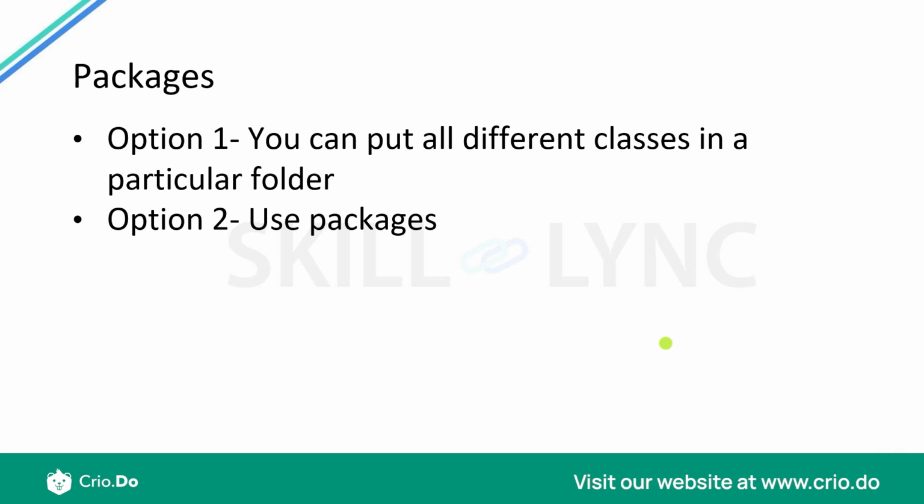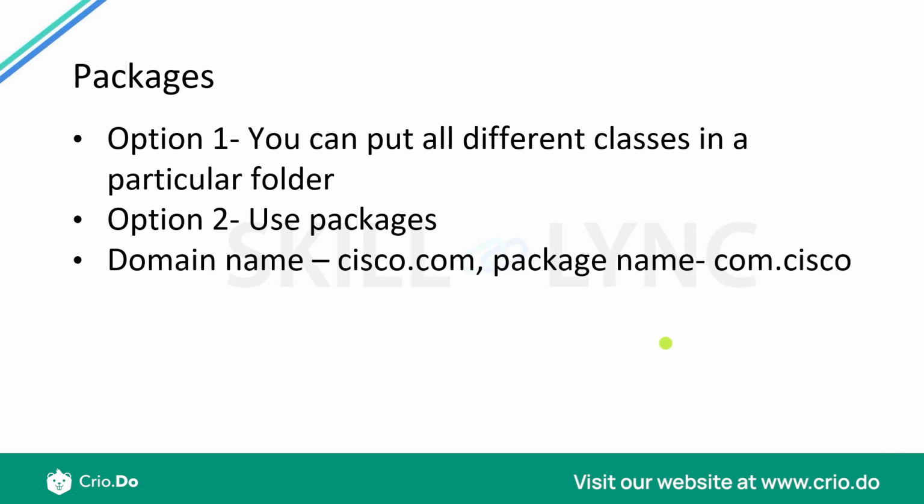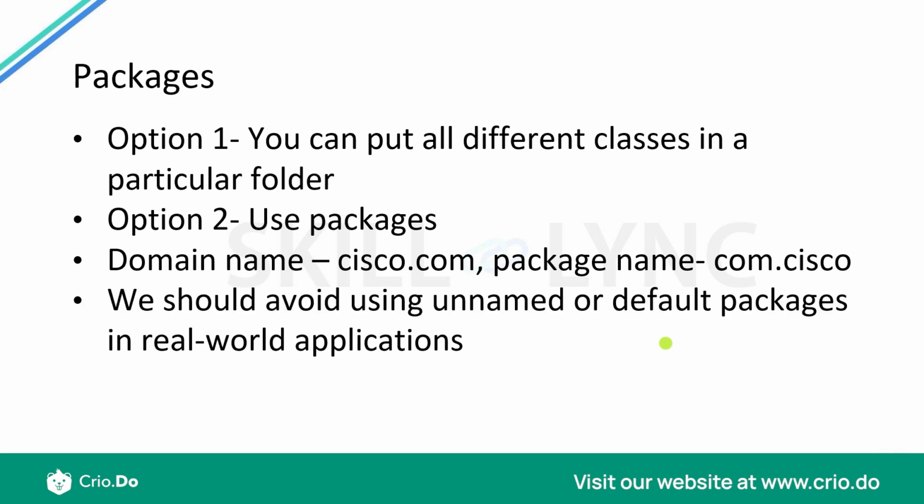So always make a practice to keep using different packages for different things. As I said, if your domain name is, let's say, cisco.com, your package name would begin with com.cisco. If your domain name is swagofindia.org or anything, it would begin with org.swagofindia, etc. Remember that we should always avoid using unnamed or default packages in real world applications.